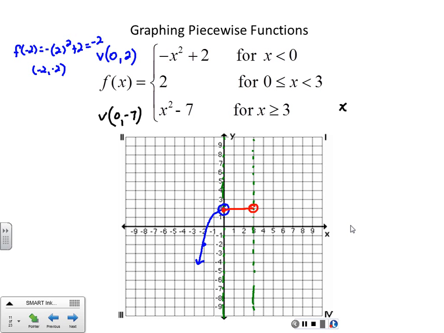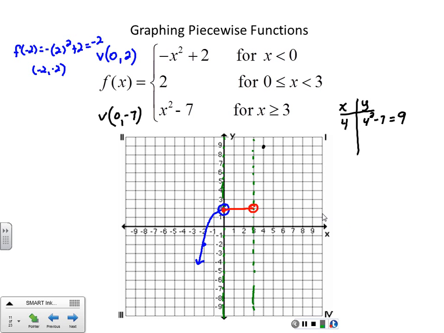Okay. So we're going to plug in 4 to that bottom one. So we'll have 4 squared minus 7. So 16 minus 7 is going to be what, 9? So we're going to have an ordered pair at 4, 9. That doesn't sound right. Oh, yeah. Duh. Okay.